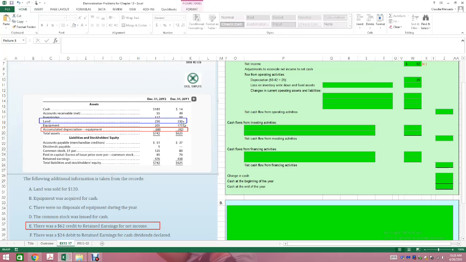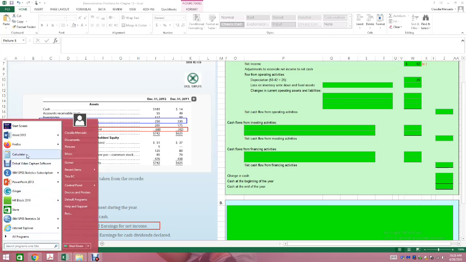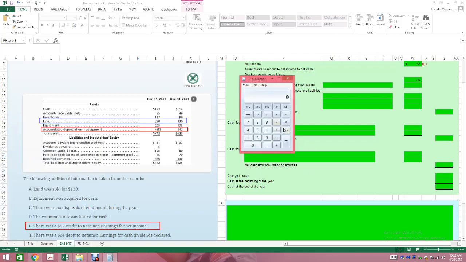We had it in our books last year for $330. This year we have it for $250. So we had it in our books for $330. Now our books reflect $250. So that means that the land in our books was worth $80.